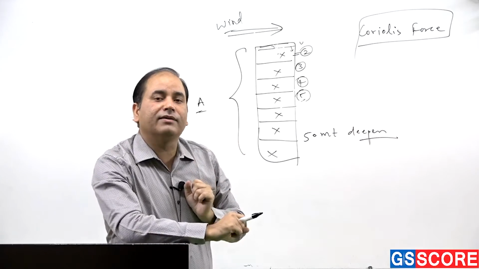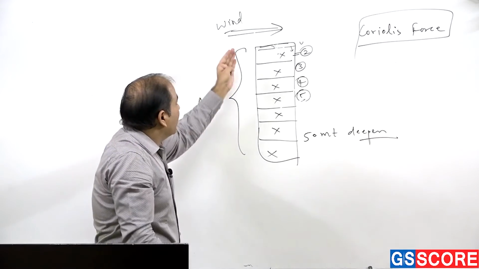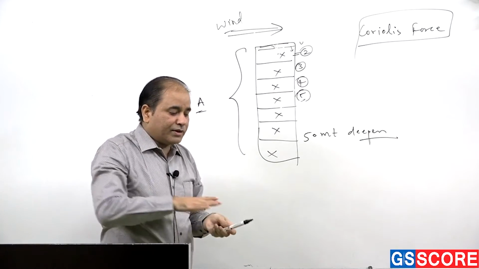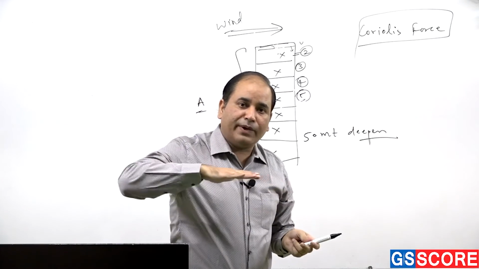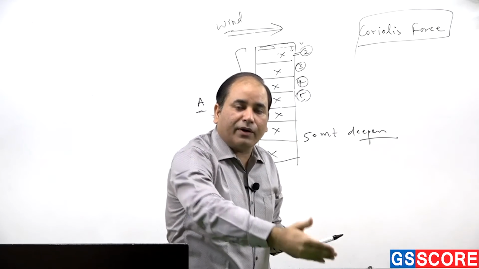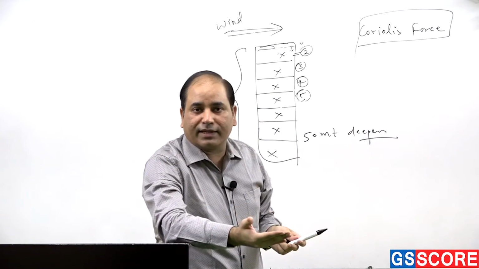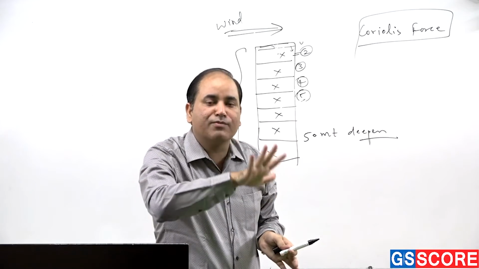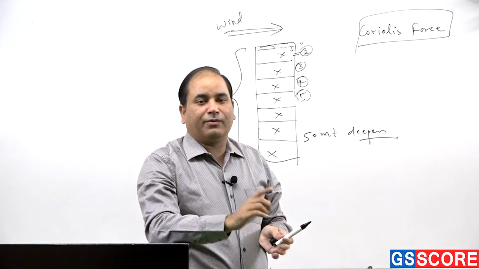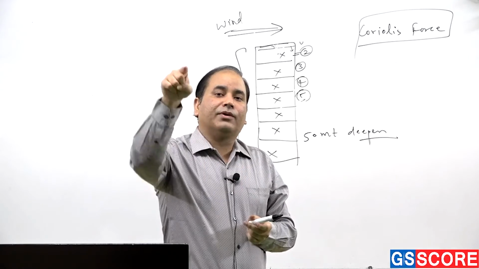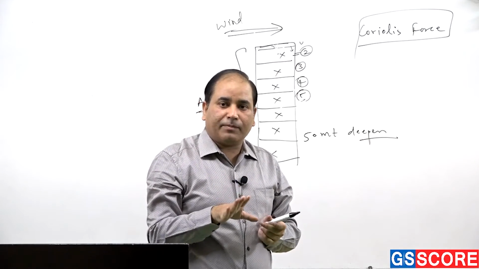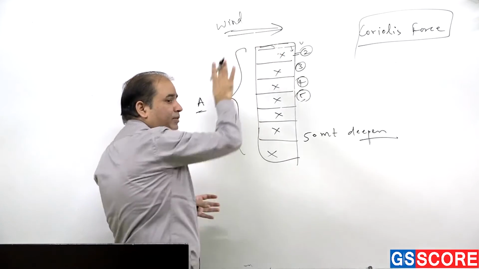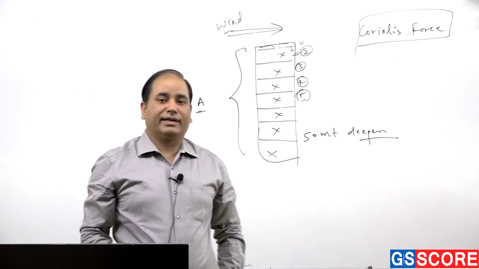The second part of his idea: the wind is moving, so it brings frictional drag, energy is transported, and ultimately the water starts moving. But when the water starts moving, the Coriolis force comes into the picture. Because of that, the layer will not move directly in the direction of the wind.